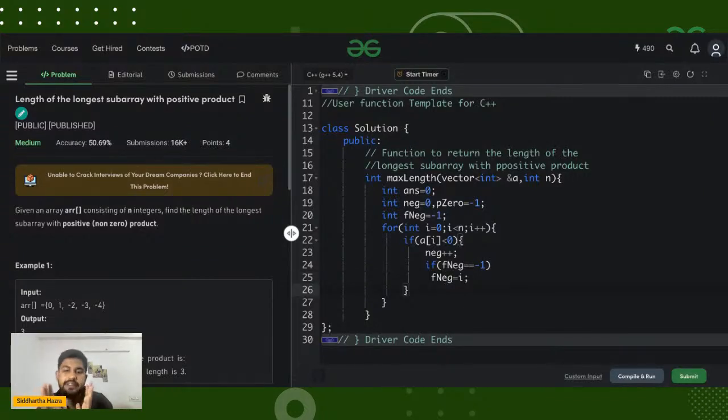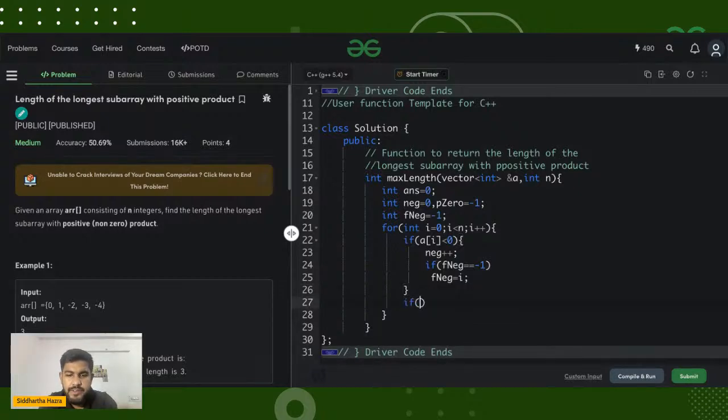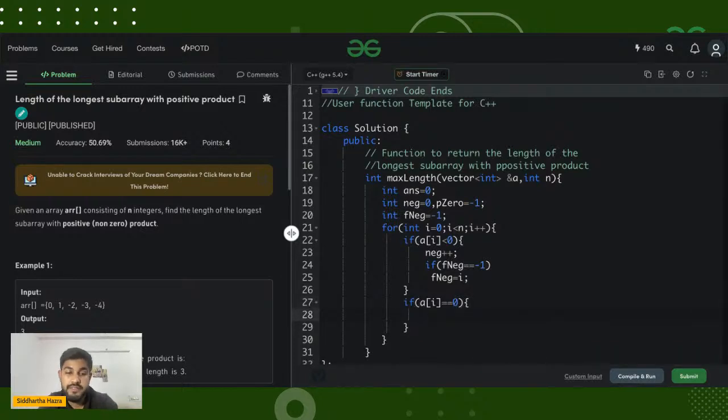After this is done, if a of i is equal to 0, we need to reset everything. F negative would be -1, then negative would be 0, except the answer. We would paste everything here because we are resetting the values, but this time we don't reinitialize, since reinitializing would give an error. So I would just reset the values.